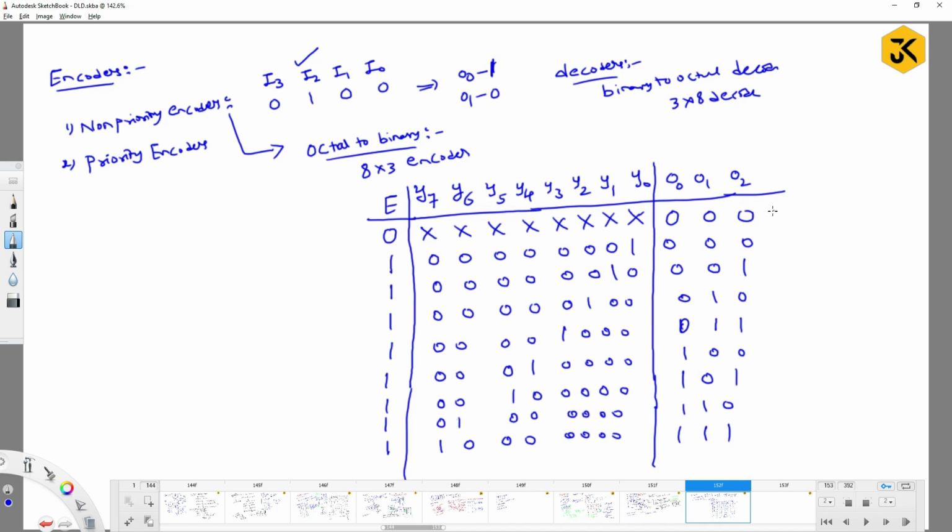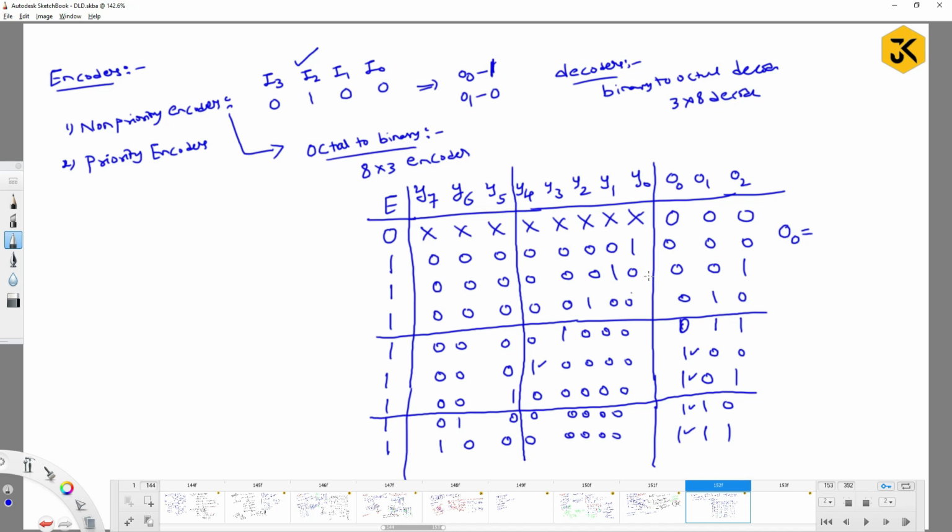What is the equation for O0? Next, to construct the circuit, you need to find its formulas. For simplification, I am writing the numbers so that you don't get confused. For O0, you have to take out all the min terms. So I think it is clear now.